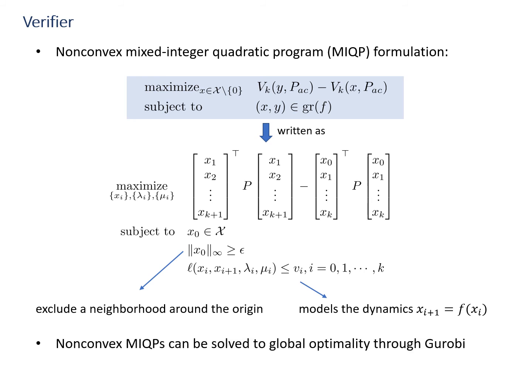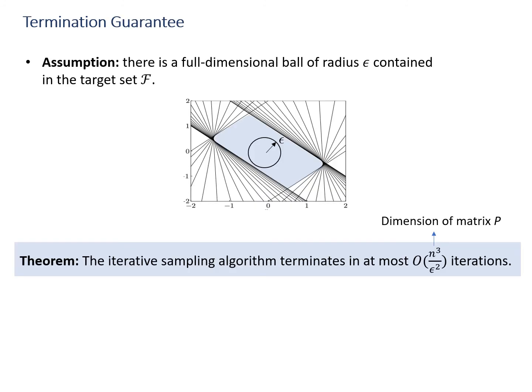Although the obtained formulation is non-convex, in practice it can be solved to the global optimum through solvers such as Gurobi. You can find more details on this formulation and its solvability in our paper. Overall, our method enjoys a finite-step termination guarantee on the assumption that the target set contains a full-dimensional ball of radius epsilon, which can be any positive number.